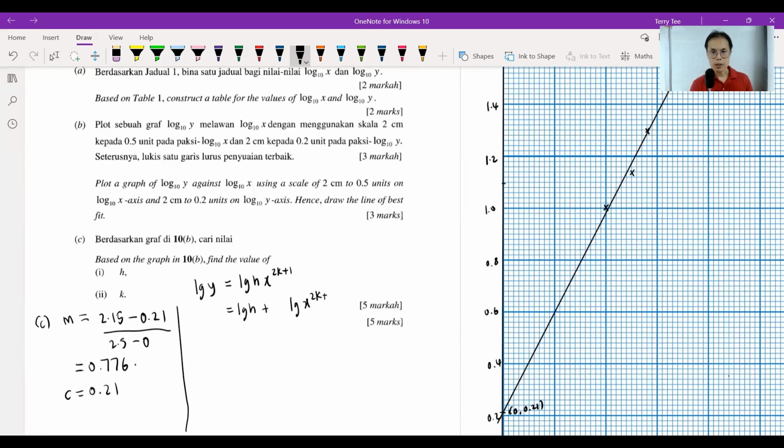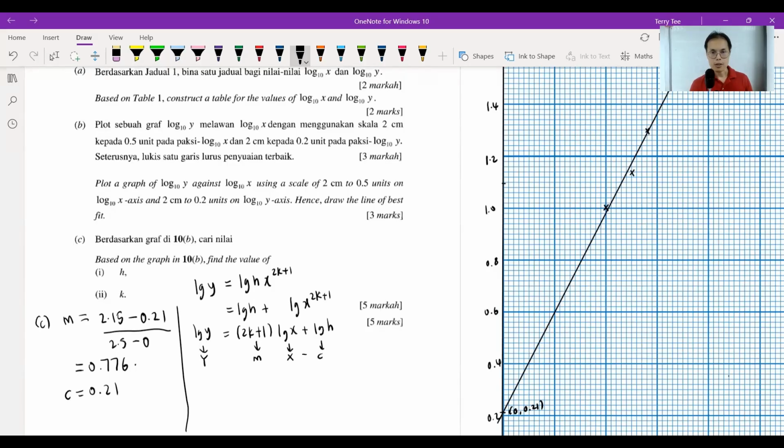That 2k plus 1 we can bring in front, and then you add lg h at the back.